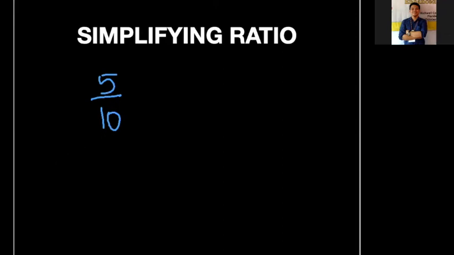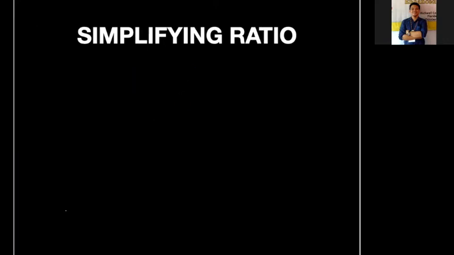Okay? And the greatest common factor of 5 and 10 is 5. So we will divide both of them by 5, and that will be 1 over 2. So 1 over 2 is the simplest form of 5 over 10.